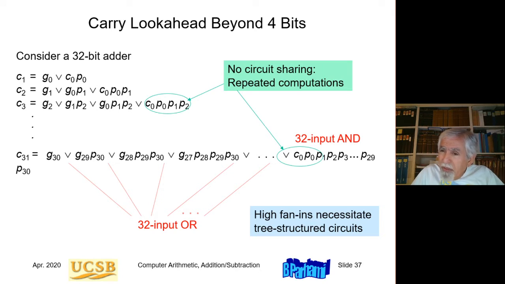Given that we don't have a 32 input AND gate, that AND function should be implemented in multiple levels. So perhaps we compute C0, P0, P1, P2, and then AND the result with some other terms and so on. It would be nice if we could share the circuits for that particular term between these two carries. But if we implement them individually, independently, no sharing takes place.